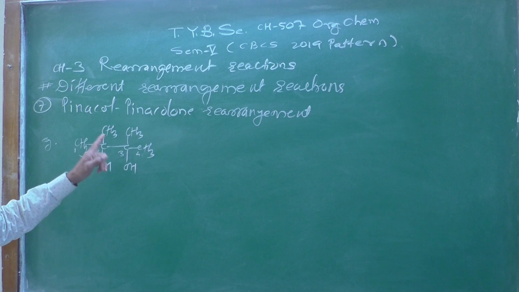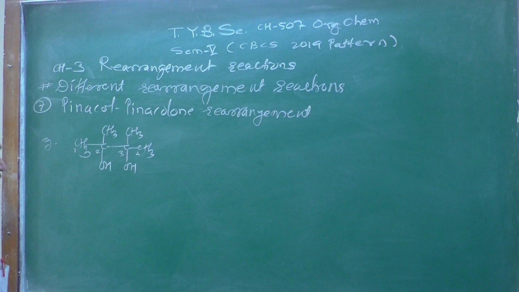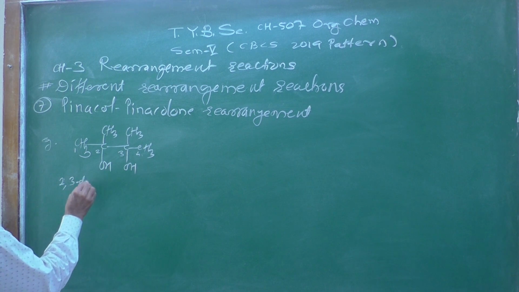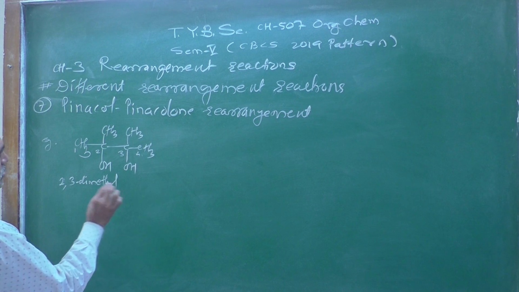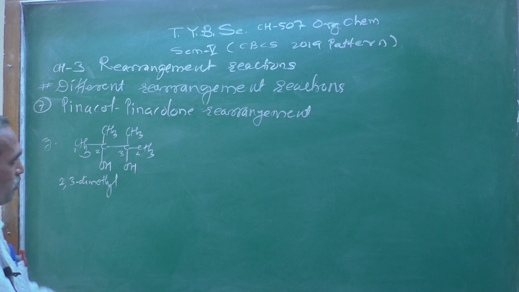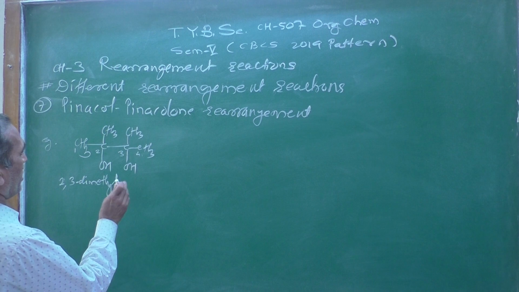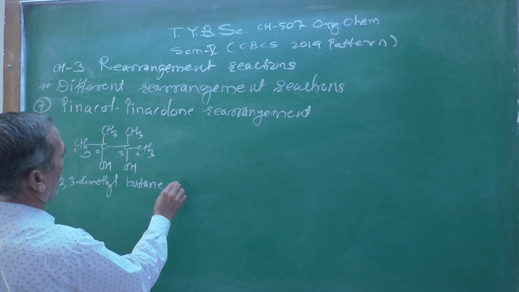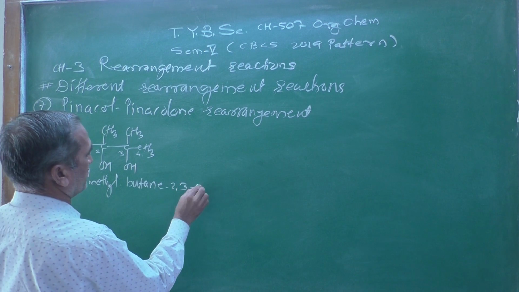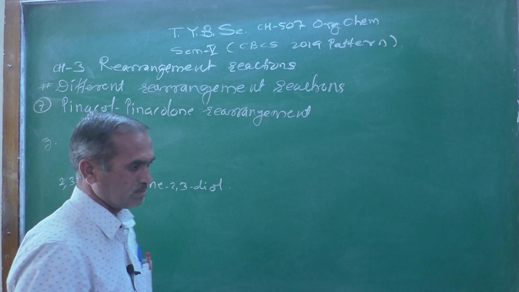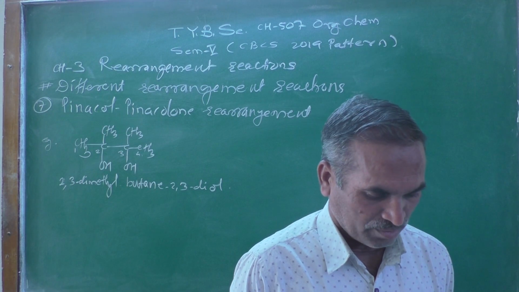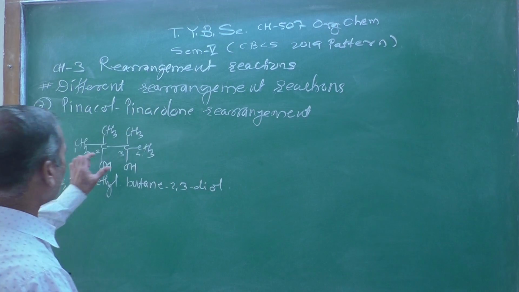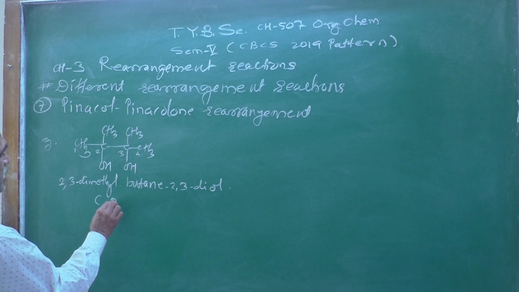So at the 2 and 3 positions there are 2 methyl groups, and therefore we call it 2,3-dimethylbutane, 4 carbon atoms, and 2,3-diol. That is the name of this compound. So this is the starting material, or you just call it pinacol.